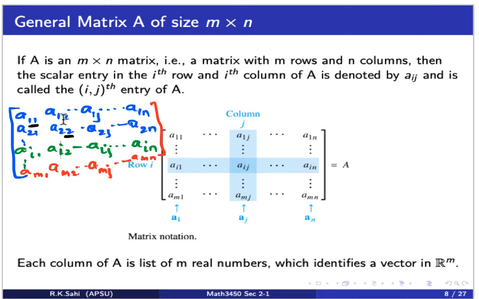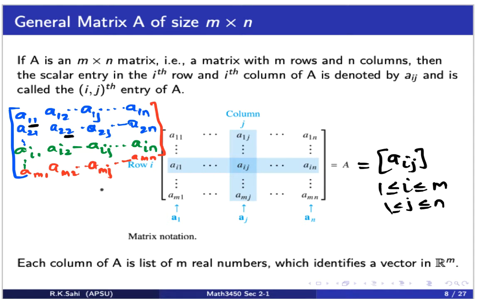In the diagonal elements, the row number and the column subscript have the same value: 1,1, 2,2, 3,3, 4,4, and so on. Now, sometimes we don't want to write this for every element. So we write this as Aij, where i varies from 1 to m and j varies from 1 to n.